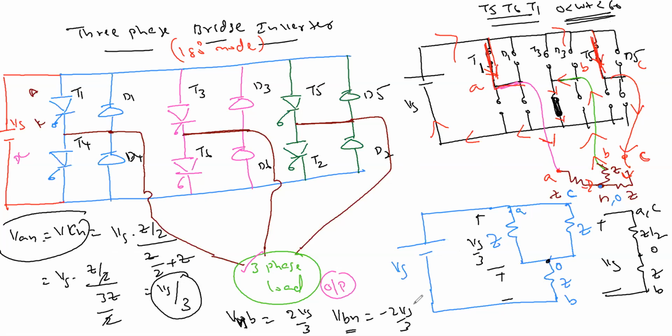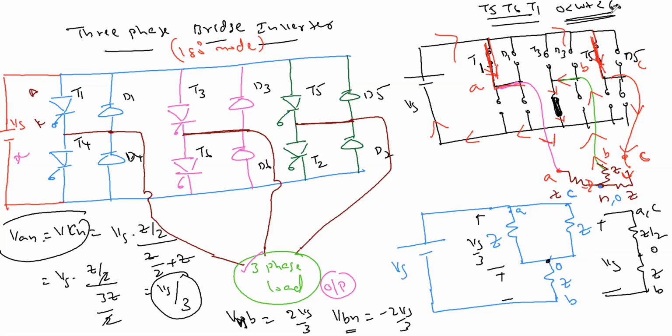Okay, cool. Let me take the other one, 60 to 120. Now this time we can directly move on because you understand this portion. When two are in parallel, Vs by 3 is the voltage. The other one is 2 Vs by 3.